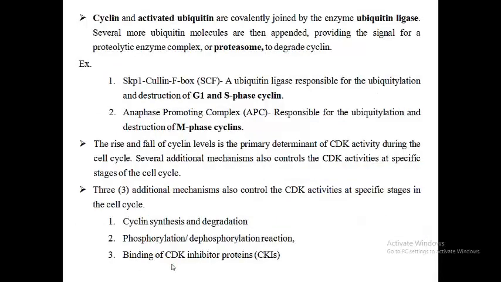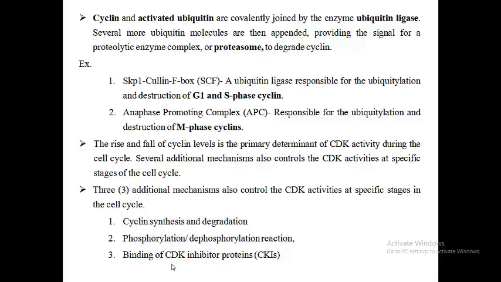The cyclin and activated ubiquitin are covalently joined by the enzyme ubiquitin ligase. Several more ubiquitin molecules are then appended, providing the signal for a proteolytic enzyme complex or proteasome to degrade cyclin.